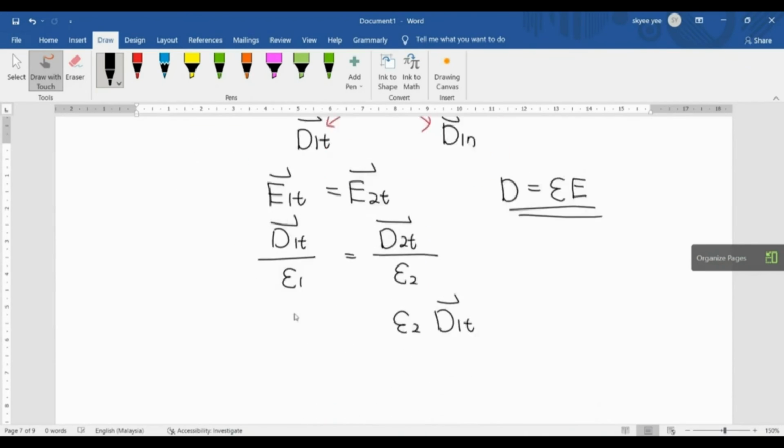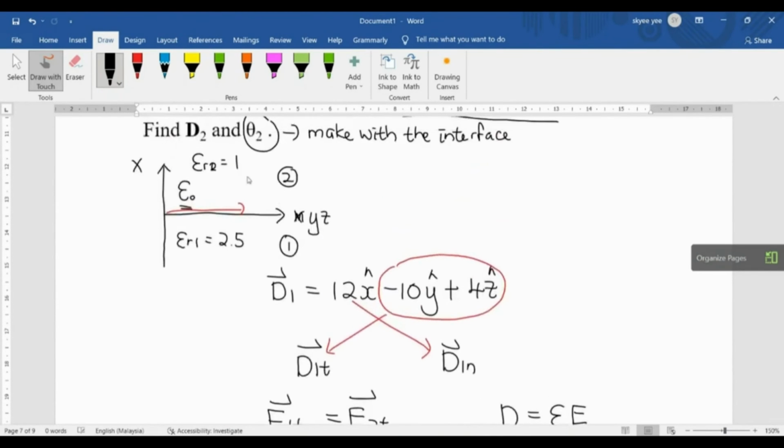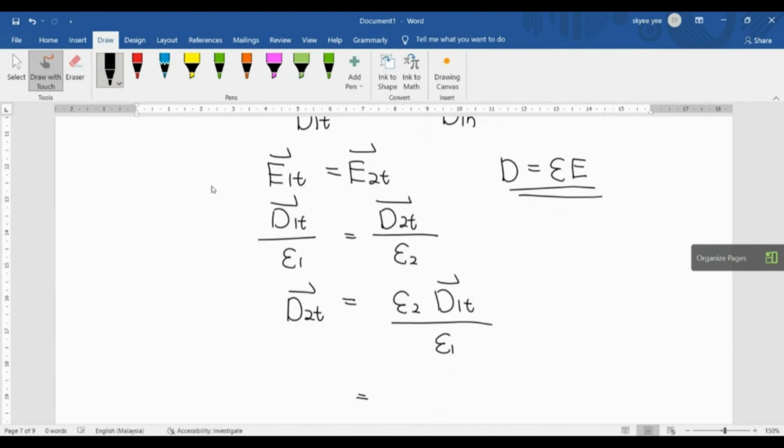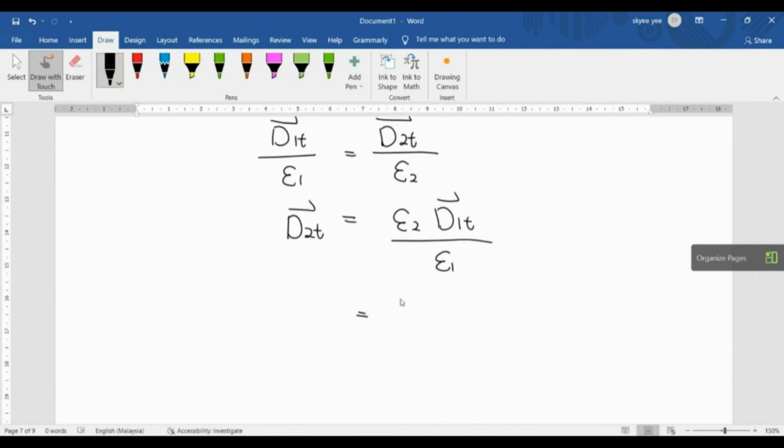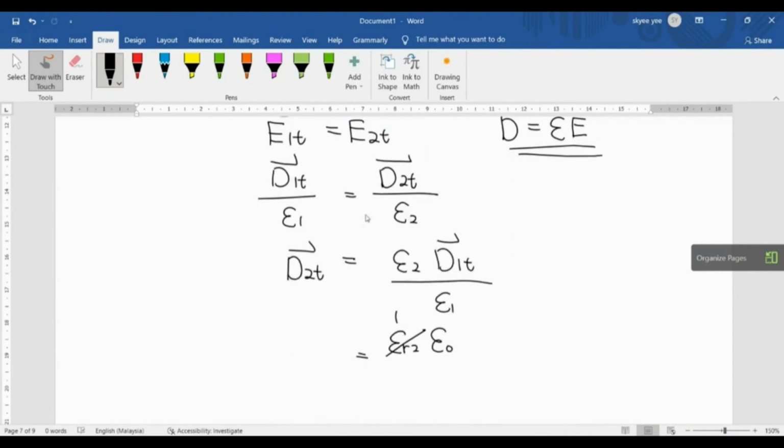For epsilon 2, this is free space, and free space has a dielectric constant of 1, as I told you before. Epsilon naught, and D1T is negative 10y plus 4z.